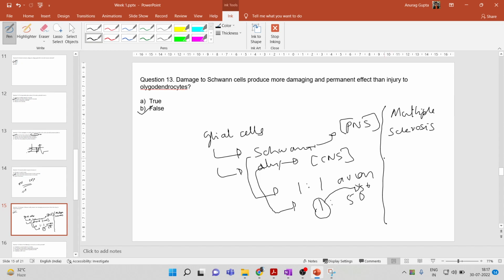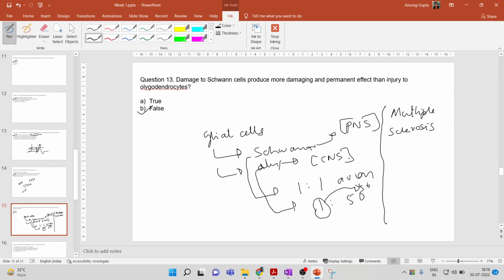If you recall, in Guillain-Barré syndrome there is still a chance of recovery. There is slight weakness that starts at the leg, and then reaches up to the respiratory system, and it can also cause paralysis. However, if a person is put on a ventilator for a few days, then there is a chance of recovery. Okay, there is a remyelination that can happen, and a person can recover from Guillain-Barré syndrome.